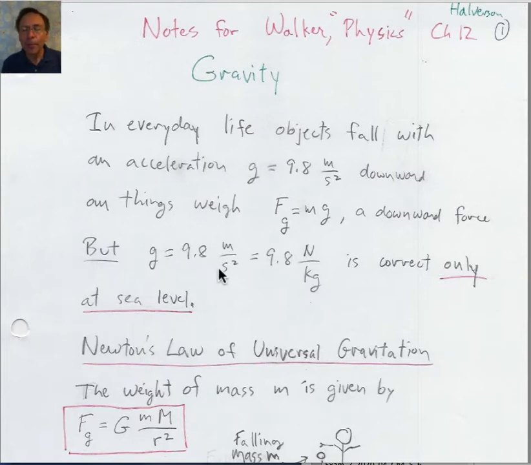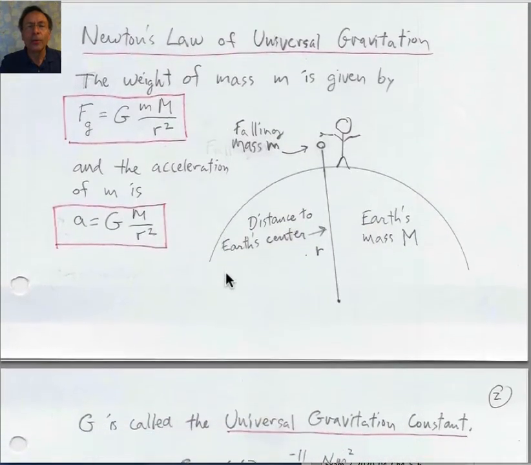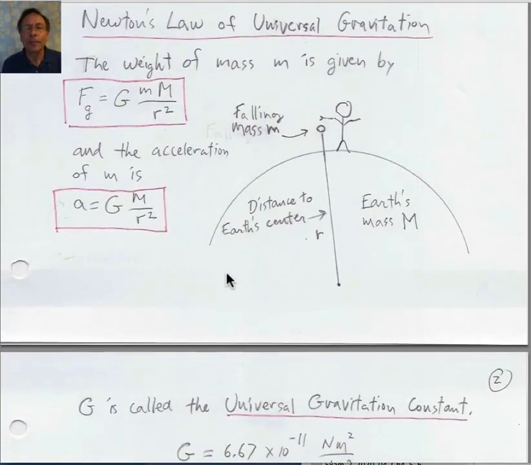Now, you might be aware that this number for g is only good at sea level. When you get further away, when you go up high, the value of g changes. It becomes less, actually. So let's look at Newton's law of universal gravitation.